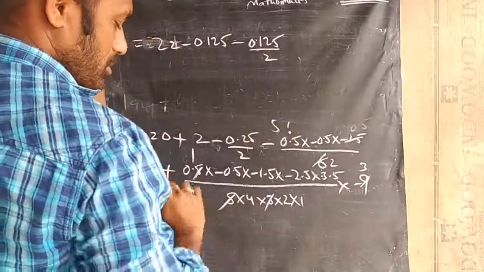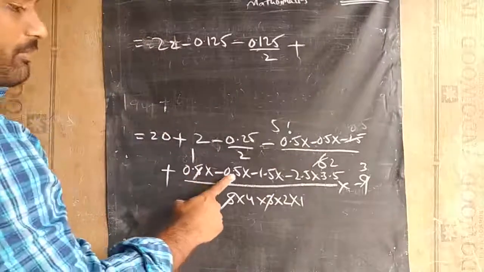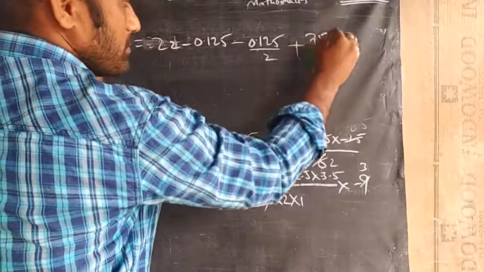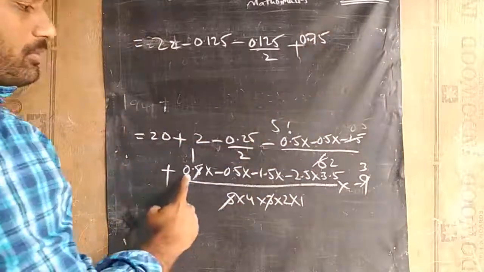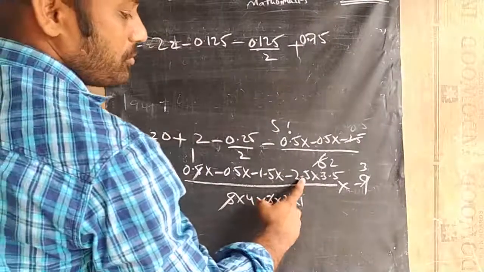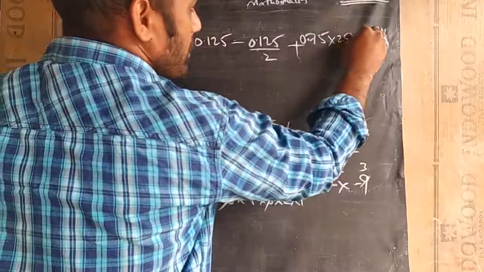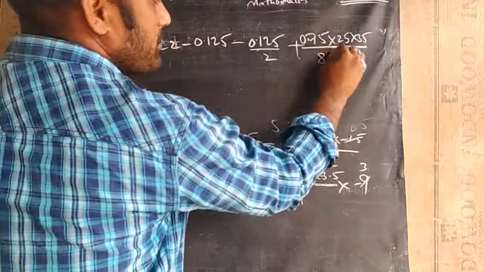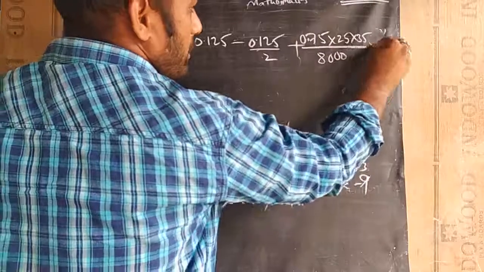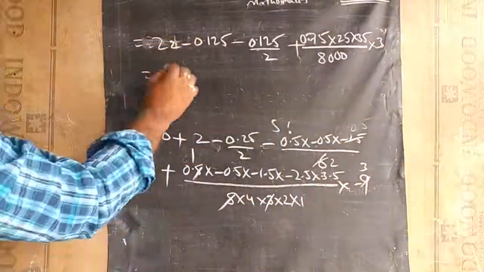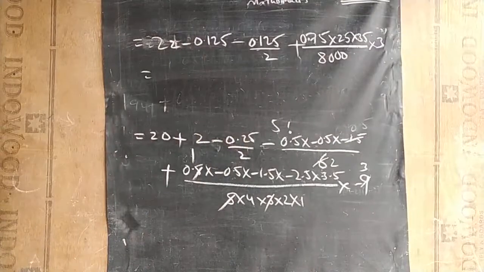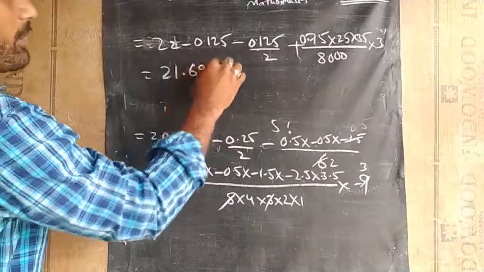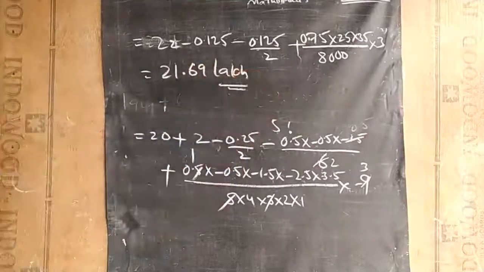Plus it will be 0.75, then 0.25 into 35, and so on. So overall, if I do the simplification, we are going to get 21.69 lakh people. This is the overall answer.